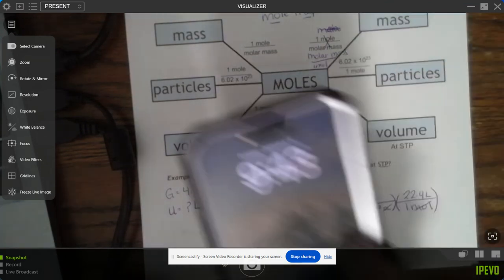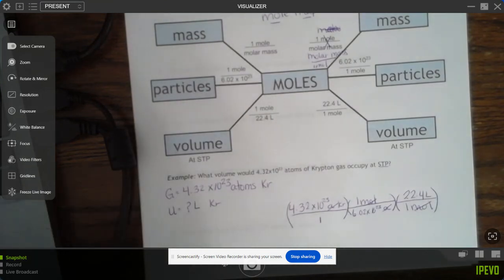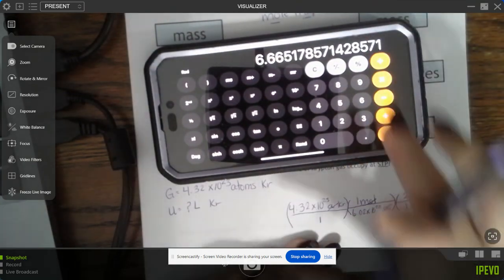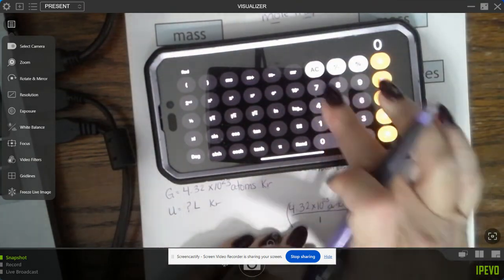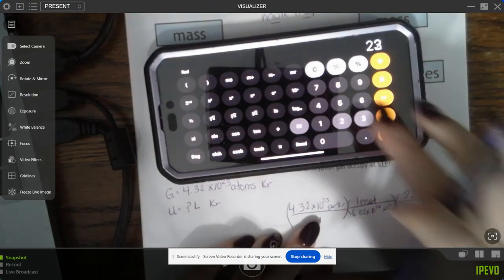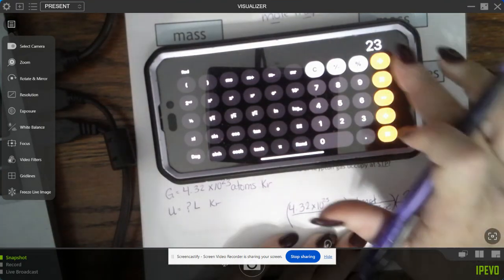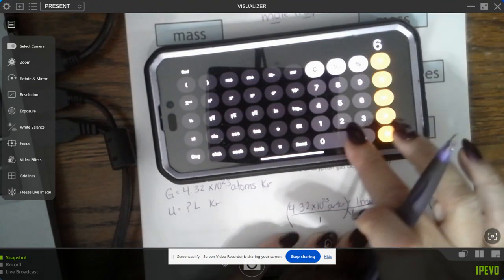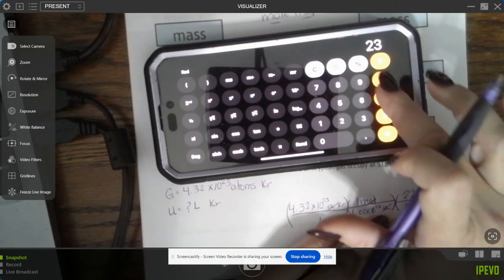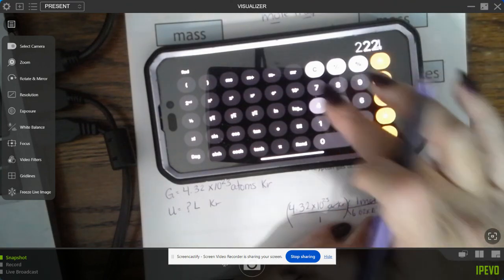All right, let's get my calculator. Turn it sideways so we can do exponents. I've got 4.32 times 10 to the 23rd divided by 6.02 times 10 to the 23rd times 22.4.